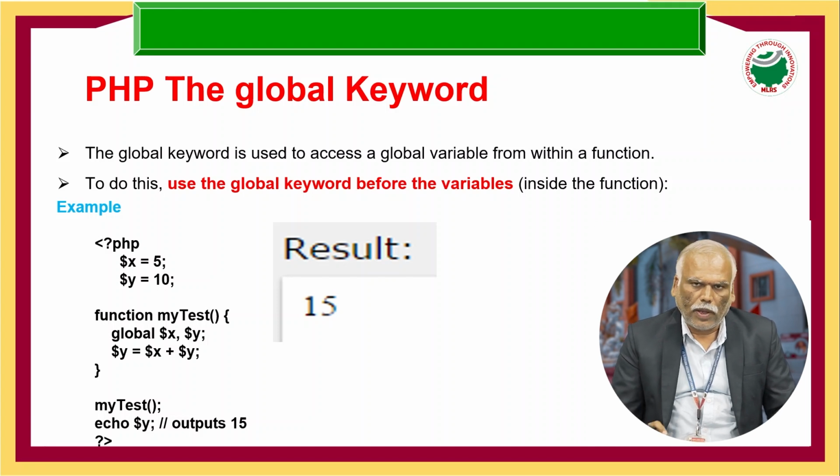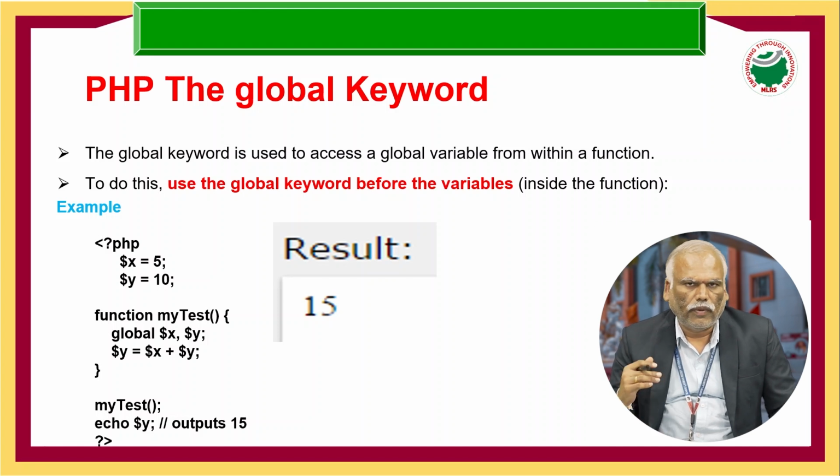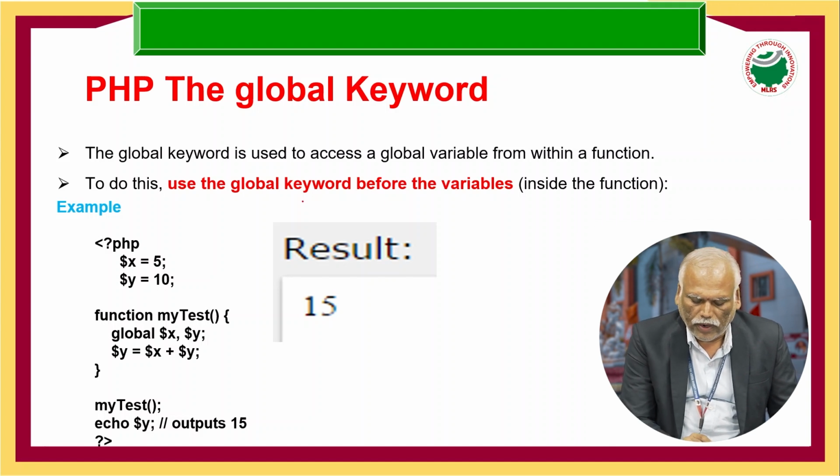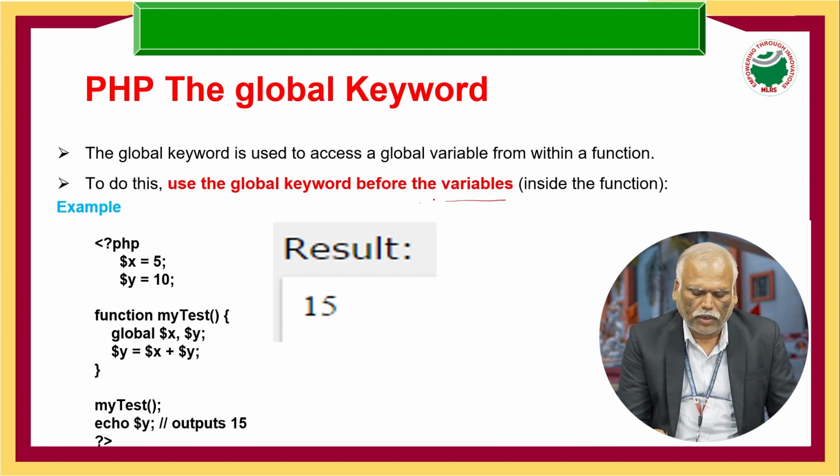In PHP, the global keyword is used to access global variables from within a function. If you want to access them within the function, we can use this global keyword. To do this, use the global keyword before the variable inside the function.